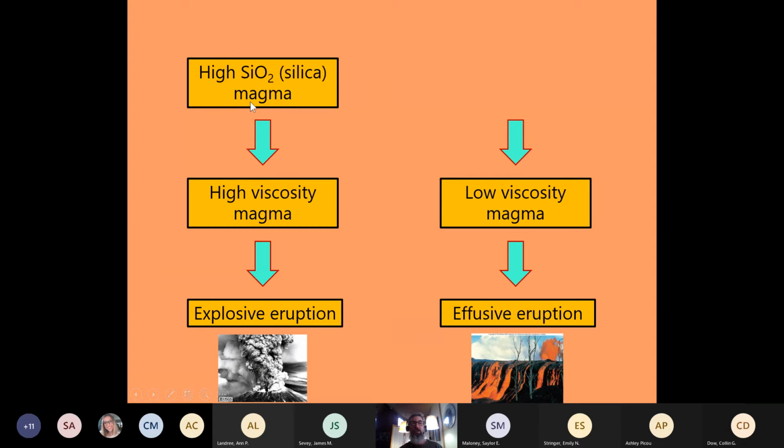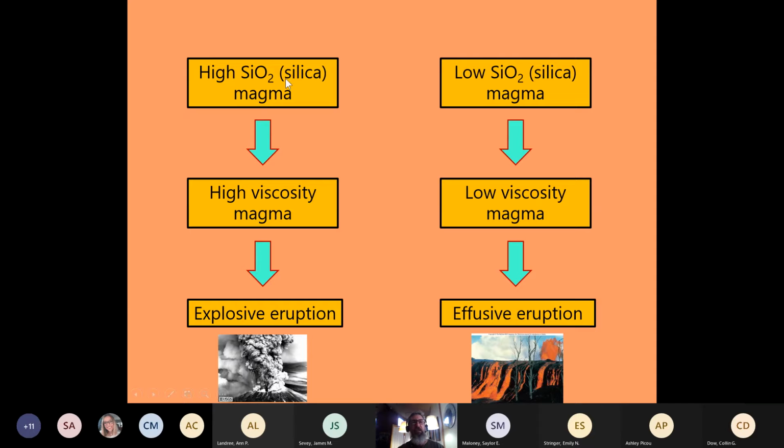Magmas with high silica content are thick, and therefore they tend to erupt explosively. Magmas that are low in silica tend to have low viscosity, really by definition. Low silica magmas are runny, faster flowing, and do not trap gas for very long. Gas escapes before pressures can build up to explosive levels.